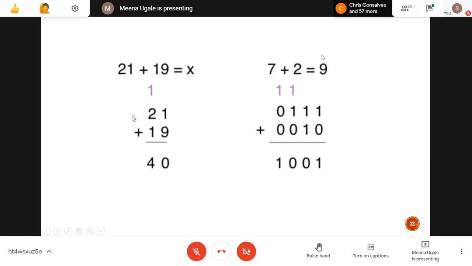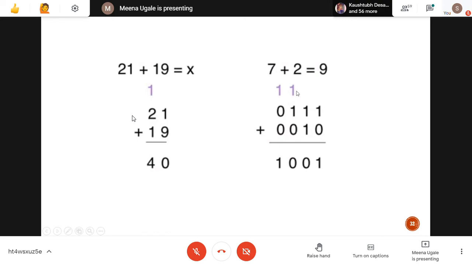Similarly, I will go for binary addition, 7 plus 2. This is the representation for 7, this is the representation for 2, and then I go for addition. Just see here, 1 plus 0 will be 1. I am starting from the LSB. 1 plus 1, as we have just seen, will be 0, and the carry is 1.